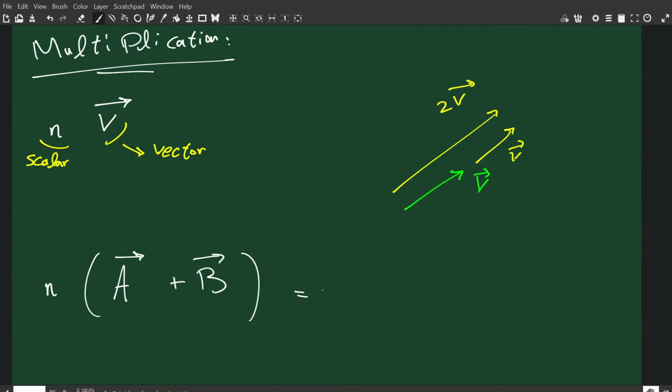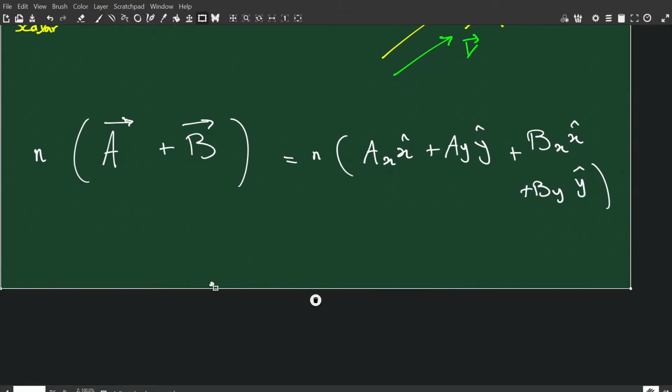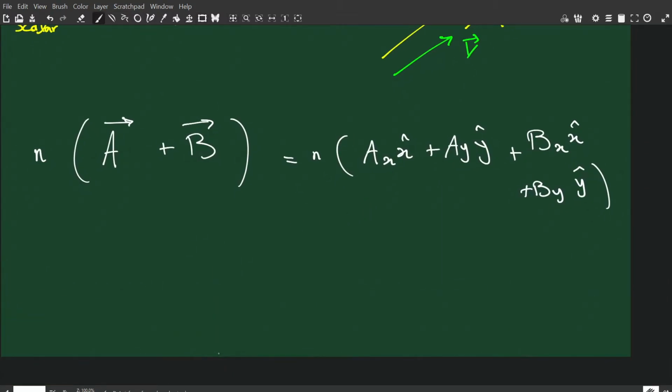So it will be n times ax x hat plus ay y hat plus bx x hat plus by y hat. So you can write this completely as a vector.